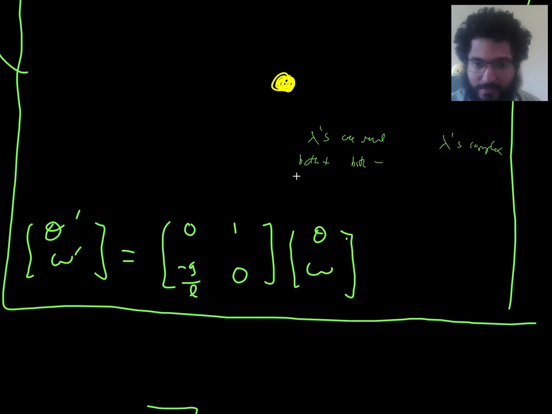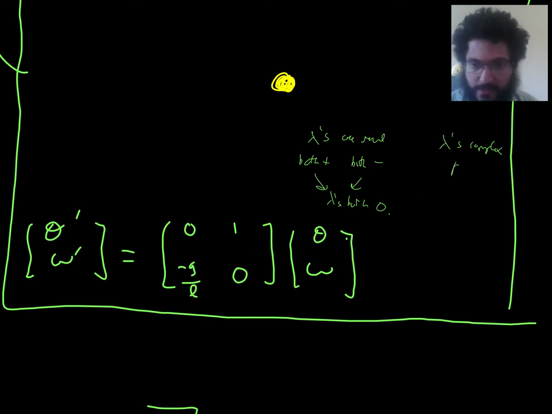So because the trace is 0, these both lead me to the conclusion that the eigenvalues are both 0. But if the eigenvalues are both 0, then this is just the 0 matrix that I'm looking at, right? This would just be the 0 matrix. And it's not. Clearly it's not the 0 matrix. So it must be that the eigenvalues are non-real.